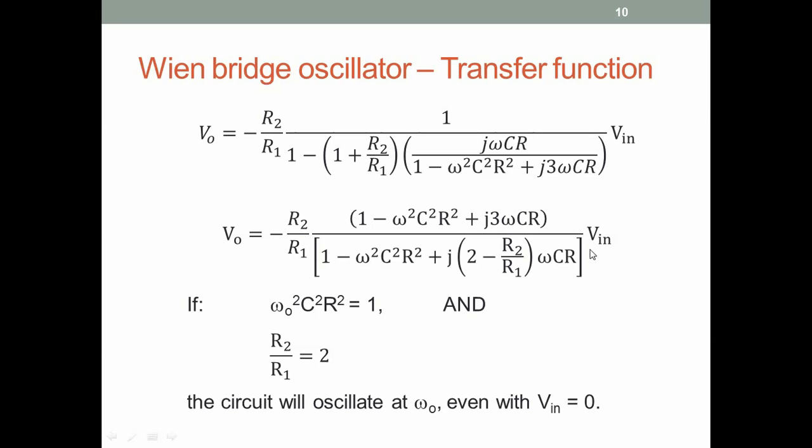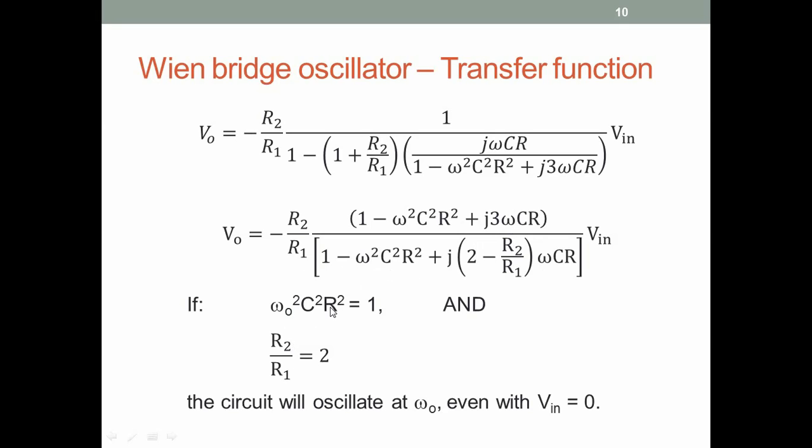This is easy to see. There is a real part and an imaginary part. If the real part is 0, corresponding to omega naught squared C squared R squared equal to 1, and if R2 by R1 is equal to 2, then the imaginary part is 0.